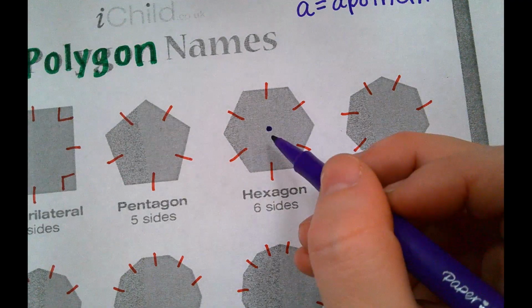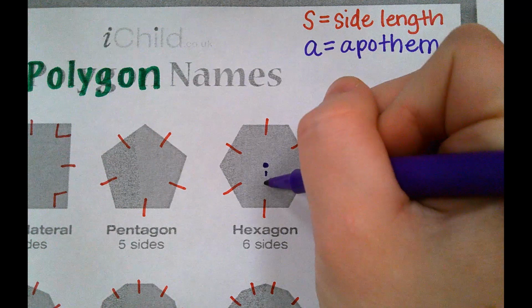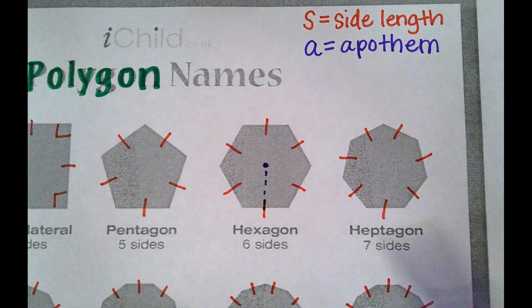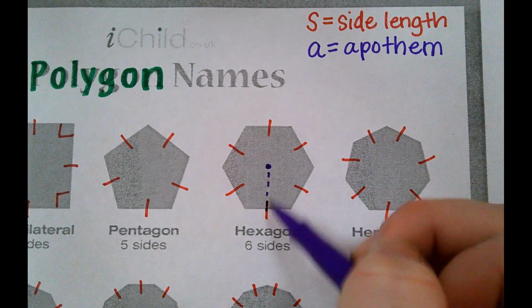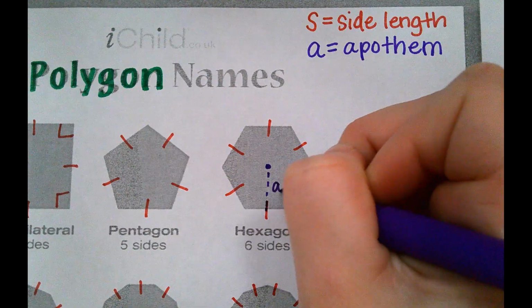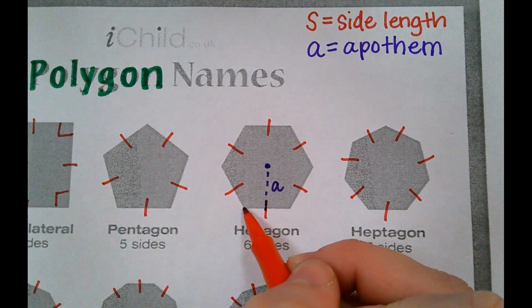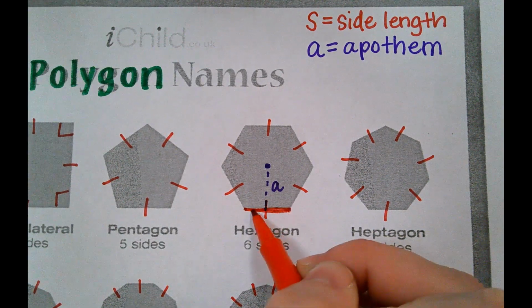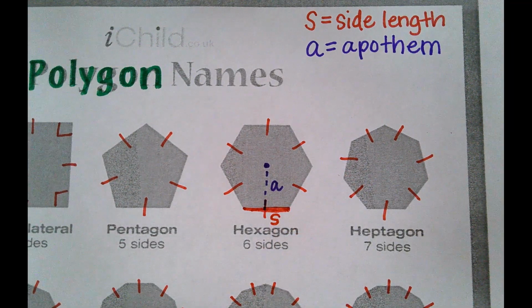Now, from that center point, I am going to draw a dotted line going straight down to one of the sides. This length from the center to the side is the apothem. This is the apothem. And then we'll label also. I'm going to make this side right here red and put an S so I know that that's the side length, just one side.